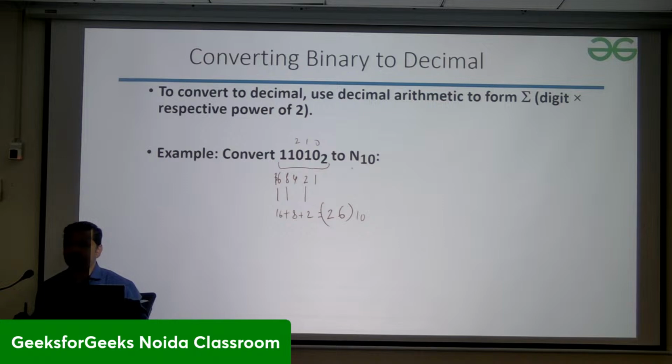Otherwise, traditionally what we do: 0 into 2 to the power 0, plus 1 into 2 to the power 1, plus 0 into 2 to the power 2, plus 1 into 2 to the power 3, plus 1 into 2 to the power 4. And this is nothing but 16 multiplied by 1, so that is 16, plus 8 multiplied by 1, so it is 8, plus 4 multiplied by 0 is 0, plus 2 multiplied by 1 is 2, plus 1 multiplied by 0 is 0.